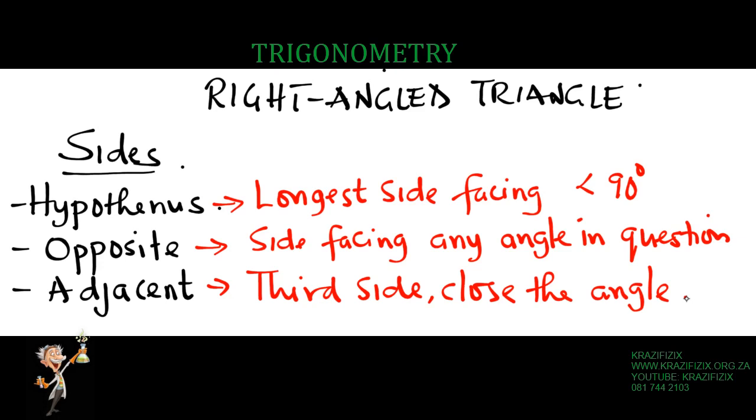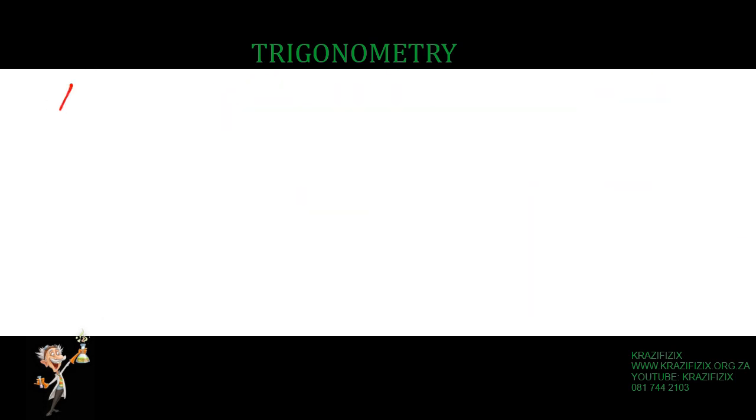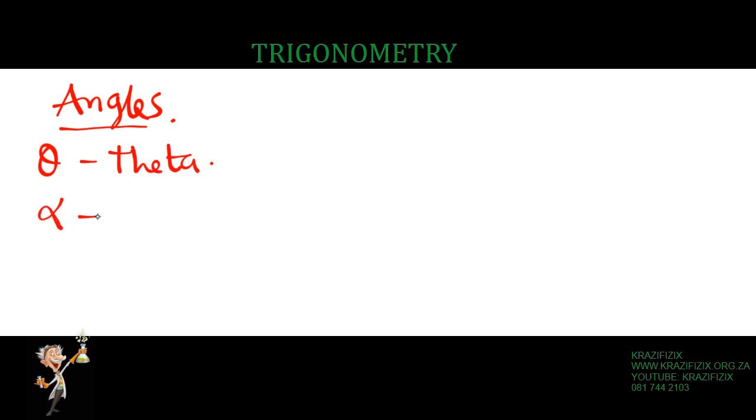Alright. We're going to use certain representations, angle symbols. We are going to use this, which is called theta. We are going to use this, which is called alpha. This is called beta.